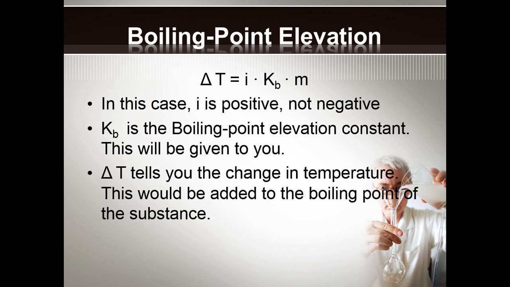Because let's say you calculated the delta T for a solution that was added to water as your solvent. Well, water's boiling point is 100 degrees Celsius. So if you got 5.4, your actual answer is going to be 105.4 because we increased the boiling point by 5.4 degrees.